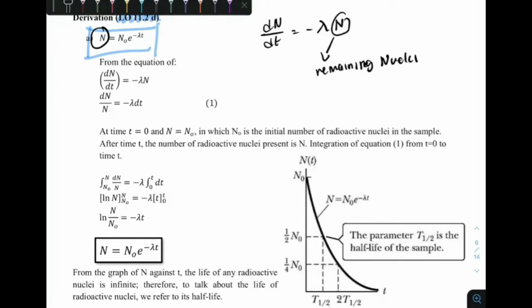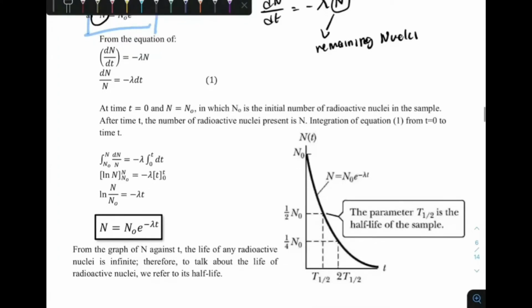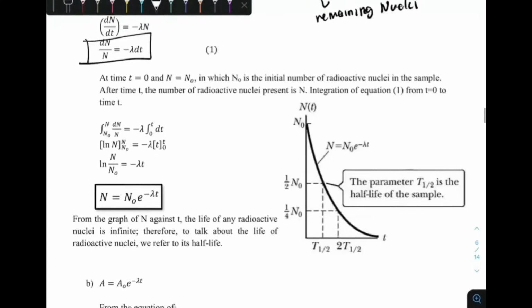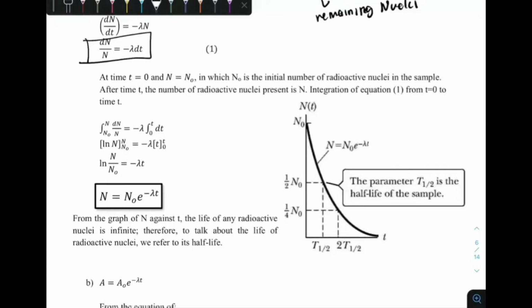Integration of equation 1 from t is equal to 0 to t is equal to t adalah, so menggunakan equation yang ini tadi, apa yang kita akan buatlah, kita akan integrate dia from n naught, initial number of n dia, to n yang remaining, dn over n dekat sini akan sama dengan negatif lambda.